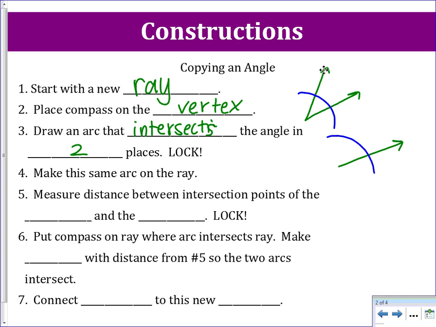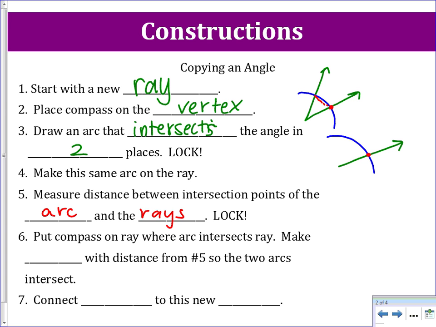What we do is we measure the distance between the intersection points of the arc and the rays. So we go to our original angle, we can place our compass here, and we just measure this distance. So you put your pencil on the other side and you measure that distance. You lock your compass. Then you move your compass to where the ray intersects the arc, so you move it down here.